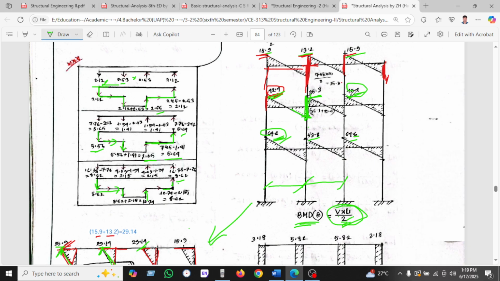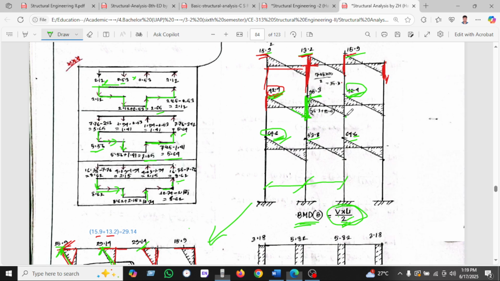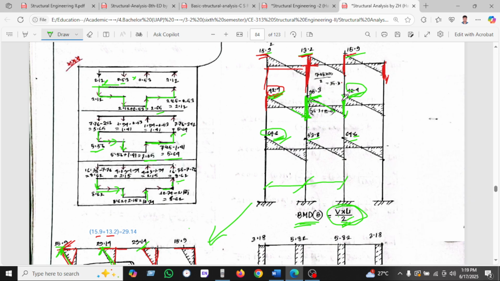This is the 42.4. So 42.4 plus this point, how much is 35.3. So the total load is 77.5. So 77.5 is taken by this column.